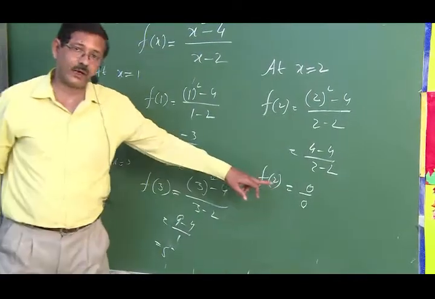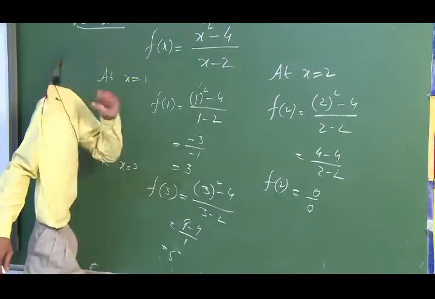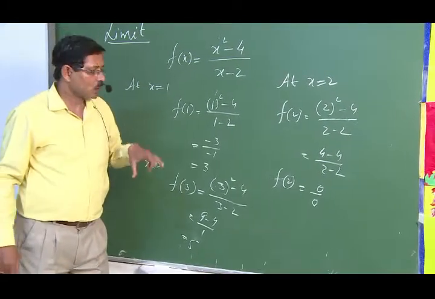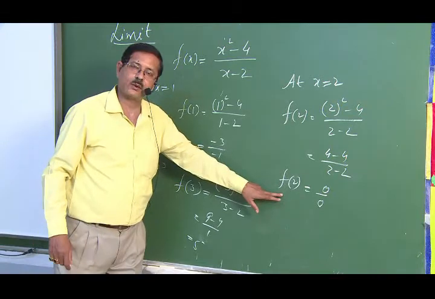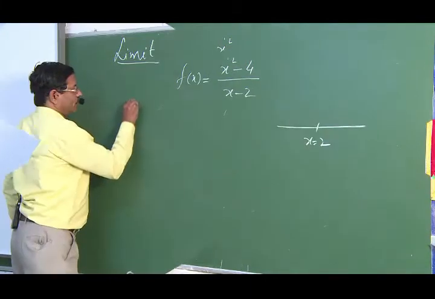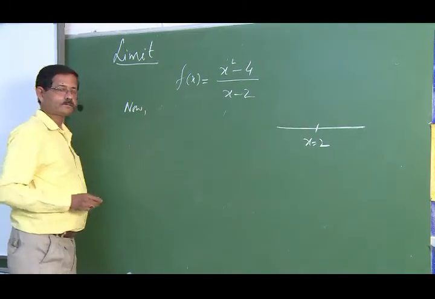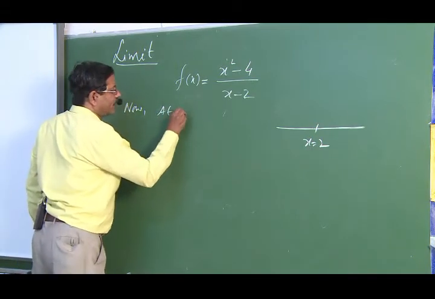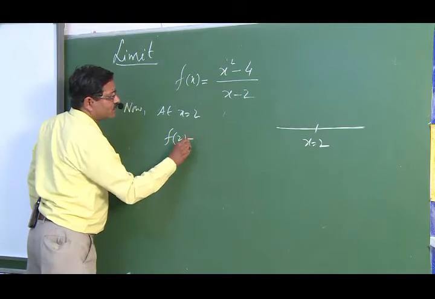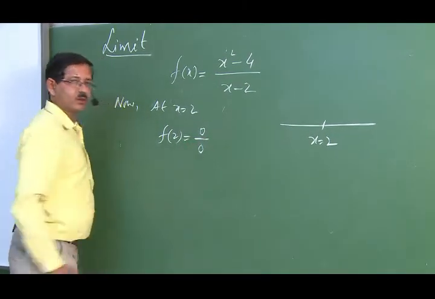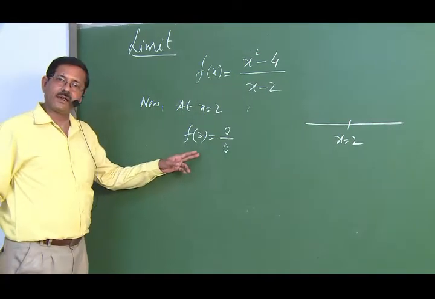Now is this value a unique one? Here our target is to find the value of this function at x is equal to 2. At x is equal to 2, the value of the function becomes 0 by 0, which is a meaningless expression.